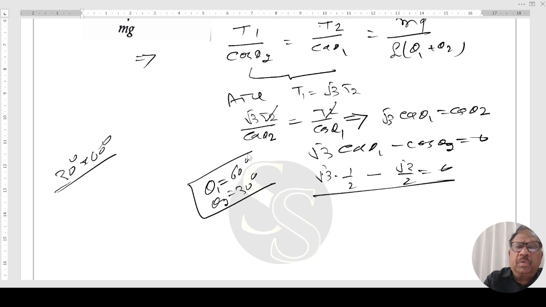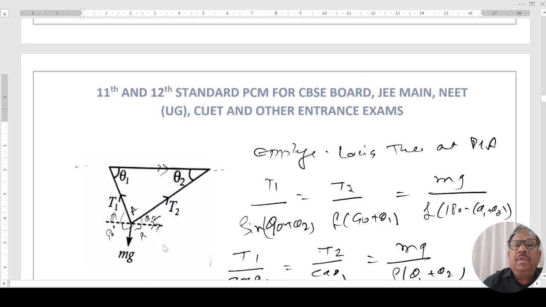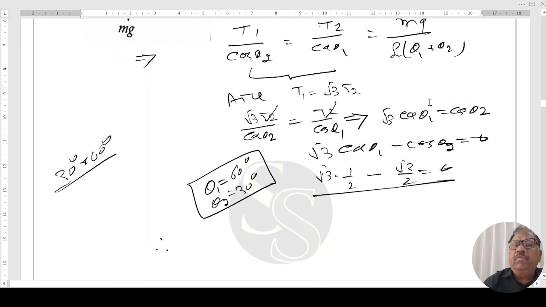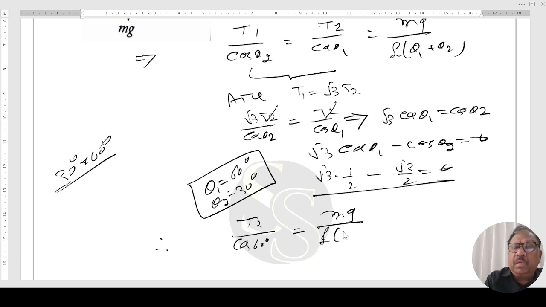The purpose is solved. So theta 1 equal to 60 degrees, theta 2 equal to 30 degrees, and we have to find T1 or T2. To find T2, we are considering this and this: T2 upon cos theta 1, cos 60 degree, equal to mg upon sin 30 degree plus sin 60 degree, that is mg upon sin 90 degree, that is mg upon 1.